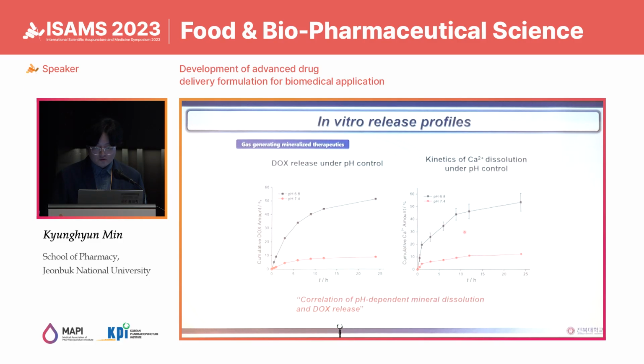In the in vitro release profile experiment, the calcium carbonate mineral nanoparticles strongly inhibited the drug release at the physiological condition of pH 7.4, and however, selectively released the drug at the tumoral pH 6.8, which was confirmed to promote the drug release by dissolving the calcium carbonate mineral.